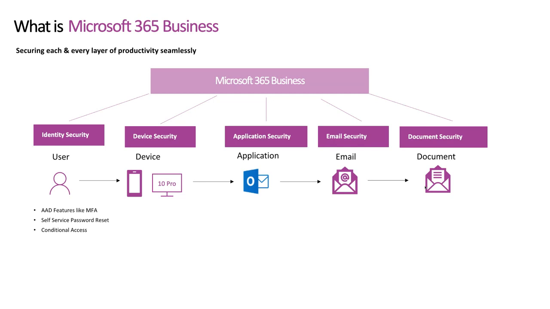So it won't be intrusive to their daily activities. You've also got the capability of delivering self-service password reset within this license type, so you're reducing the number of calls and tickets that come into your service desk.